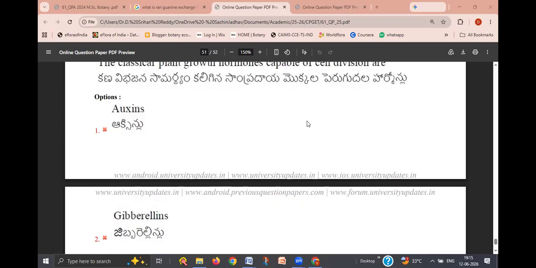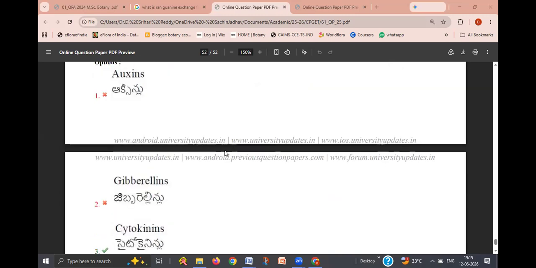Also phototropism and geotropism, all these are linked with auxins. Gibberellins are useful for elongation, and for getting more fruits.